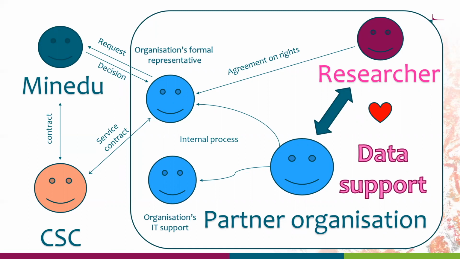The ministry will inform the organization and CSC of its decision and grant a certain quota for the dataset. Then CSC contacts the organization representative and the service contract between the organization and CSC is made and signed. After this, the service utilization can begin.